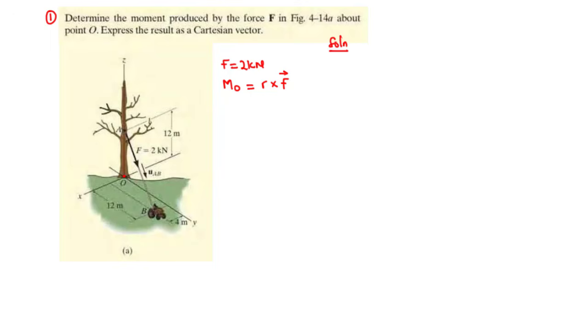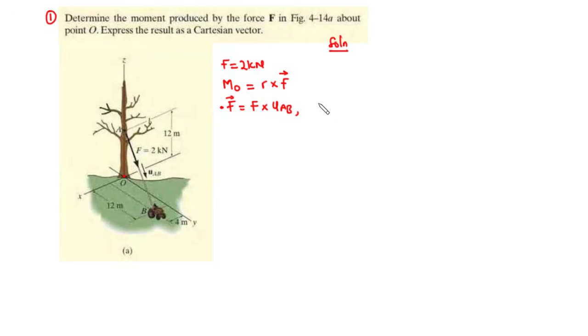Hence, we need to represent the force F as a Cartesian vector, and that is given by the product of the magnitude of the force and the unit vector directed along the line of action of the force. Now, we know the magnitude of F. However, we don't know the unit vector UAB. So let's try to find the unit vector UAB.